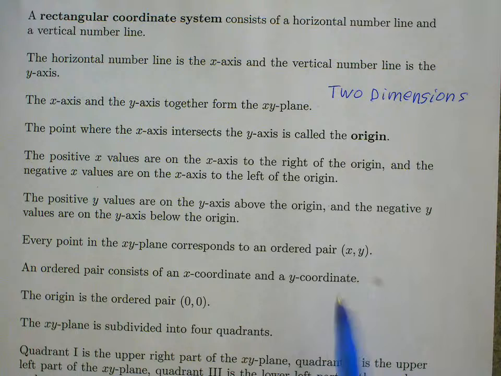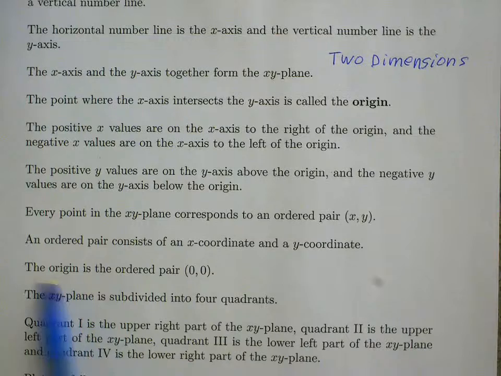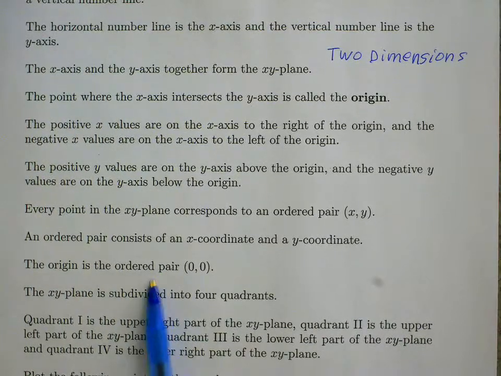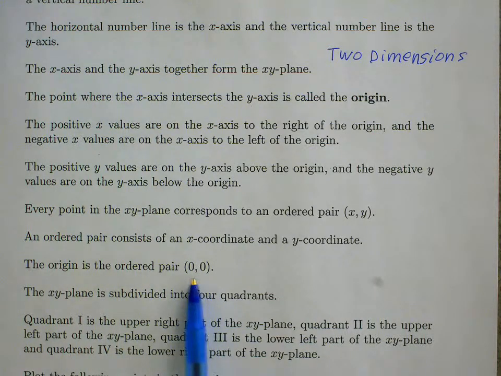So for our purposes, the x coordinate is on the left, the y coordinate is on the right. The origin, where the x-axis intersects with the y-axis, is a point in the xy plane, and the ordered pair for the origin is 0 for x and 0 for y.